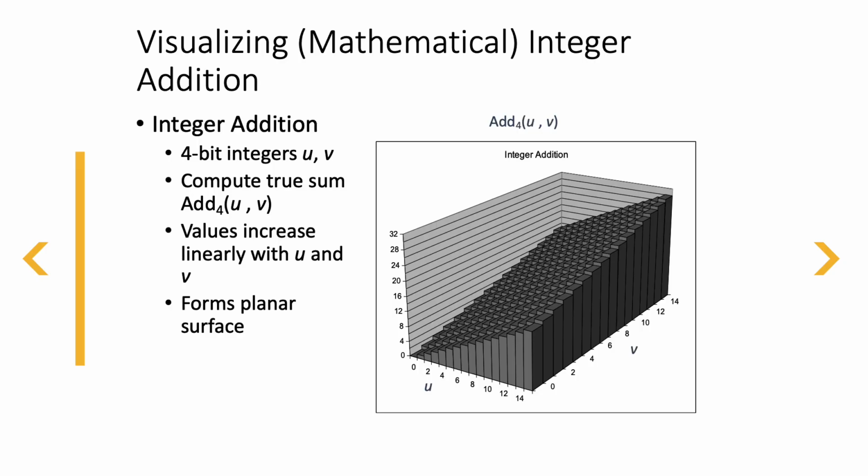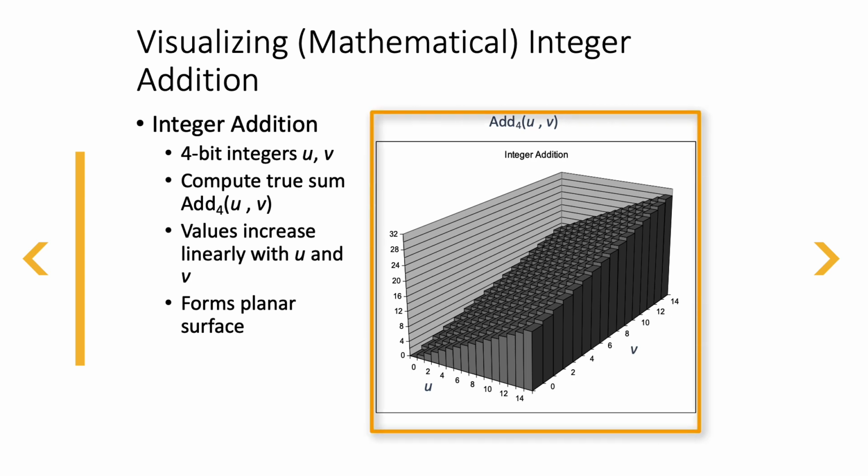Now let's take a little bit more of a visual look at what this means for us. How does this change when we go from mathematical integer addition, without the limits that are placed on us by representations in a computer system, to what happens when we're actually doing unsigned addition in C? Well, for mathematical integer addition, if we've got 4-bit integers u and v, we just compute the true sum. And as we've seen before, if we plot this out in 3 dimensions, we'll just see a nice plane here, right?